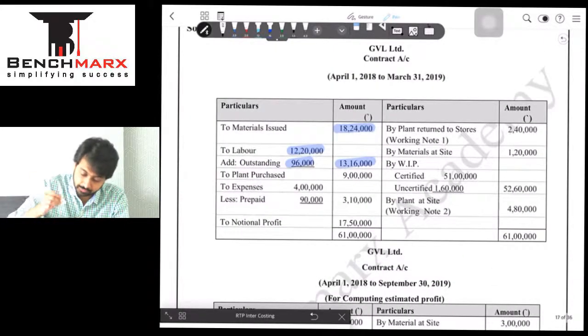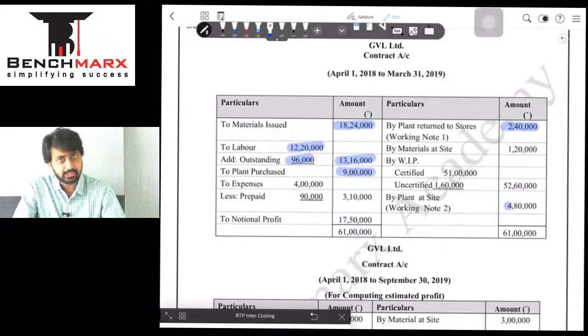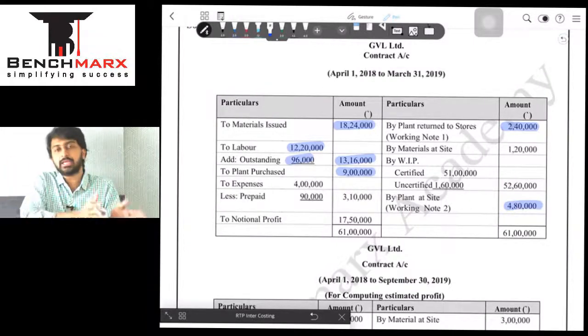So if you take the plant purchase ka cost here, kidhar gaya plant purchase? 9 lakhs. Theek hai, 9 lakhs is here. Subtract plant return to stores 2,40,000. Subtract the plant at site closing balance 4,80,000. The balancing figure has to be 1,80,000. 9 lakh minus 240 minus 480 comes to 1,80,000, which means you can directly post 1,80,000 on the debit side.